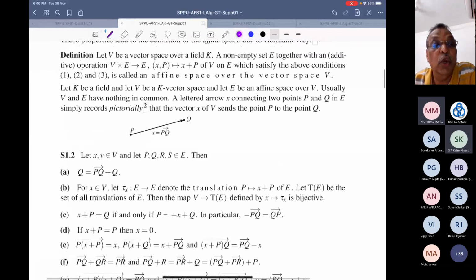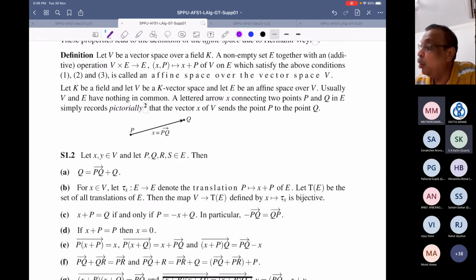V is a vector space over K, that everybody knows. K is an arbitrary field, not necessarily real numbers. A non-empty set E together with the operation of V plus, the vector space, therefore it's an abelian group, no?